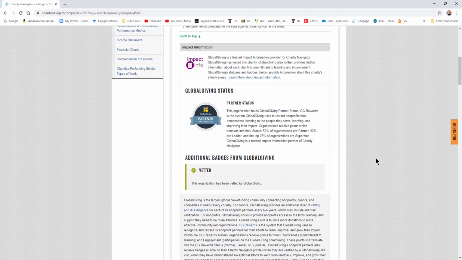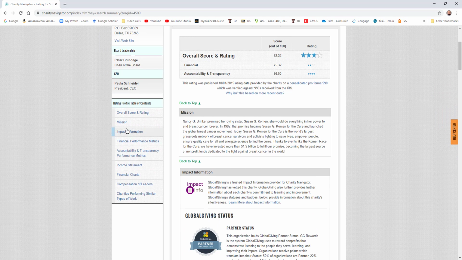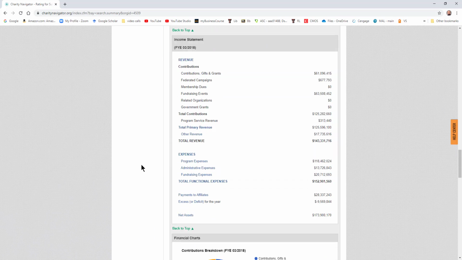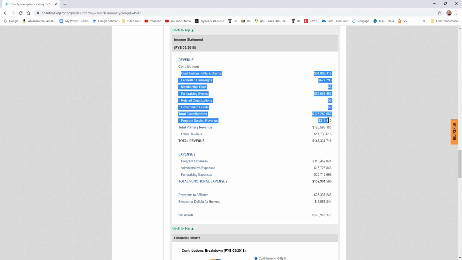But the cool thing about charitynavigator.org is that you can actually go in and look at their overall mission, impact information, financial performance metrics, accountability, income statement. We like to look at that, right? And you can look at contributions, gifts, total contributions, programs, services, etc. And the overall rating is based off of how much of their contributions go towards their actual purpose or their mission.